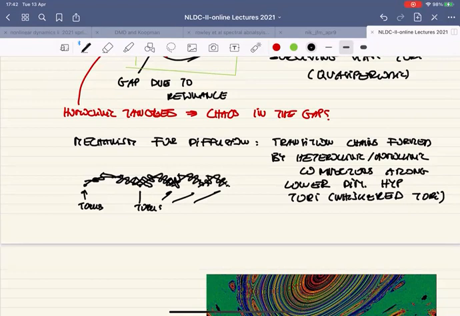And when you have this chain of intersecting trajectories, you can actually prove that there will be trajectories that are traveling nearby along the whole chain. So this will be the diffusing or escaping trajectory.